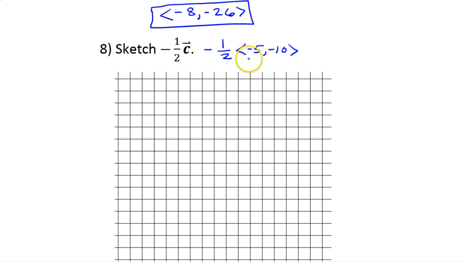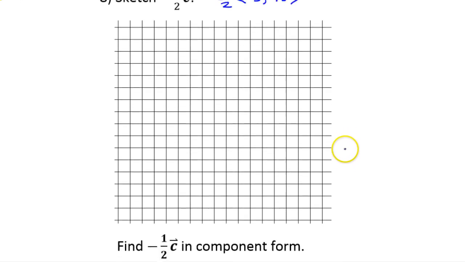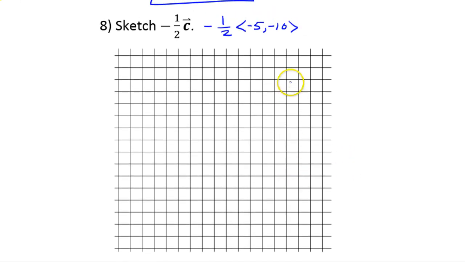Now for number 8, we need to sketch -1/2 of vector C, which is -5, -10. Now, if I graphed a single vector C, I would go left 5 and I would go down 10.